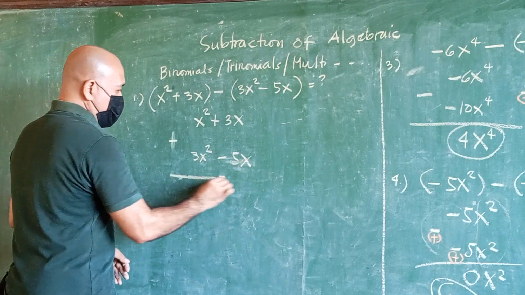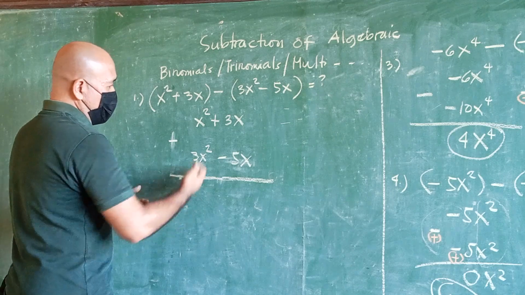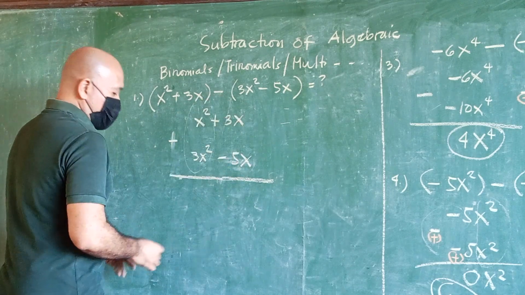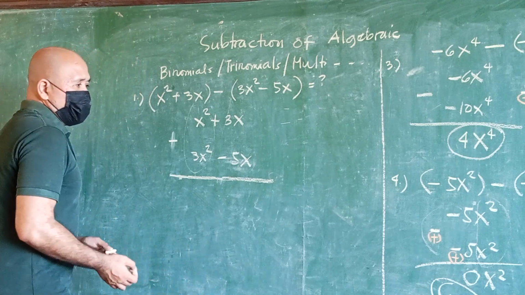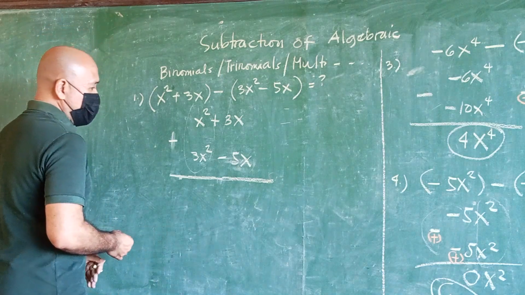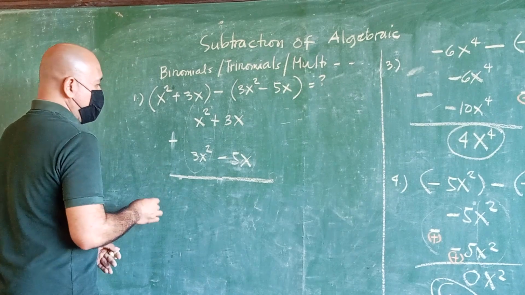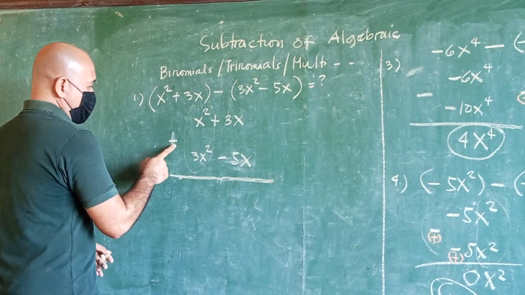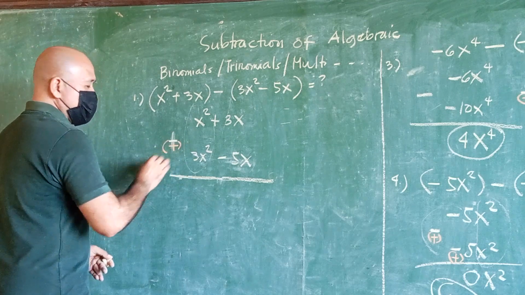As you can see, if you compare these terms and these terms, they are similar. And like what we did in subtraction of monomials, you should also apply the same rule here. You are going to change the operation from minus to plus.